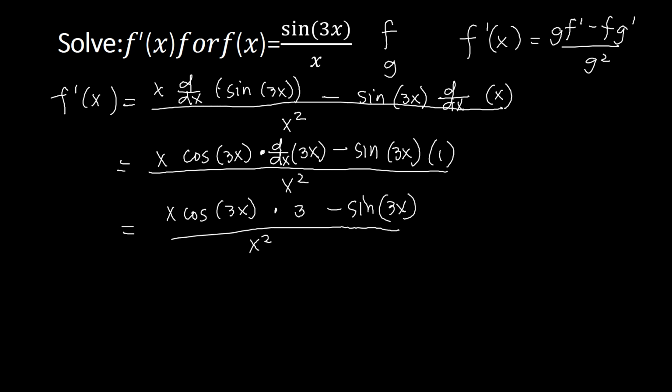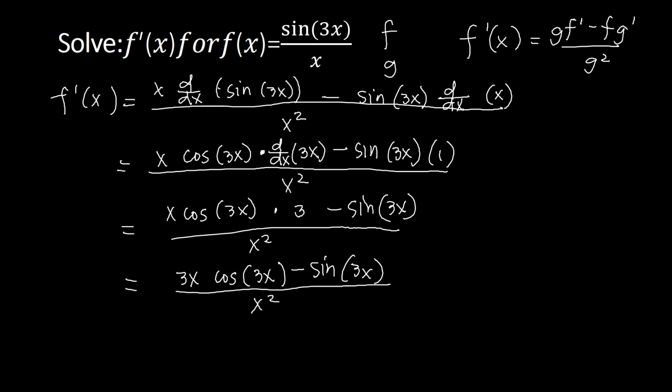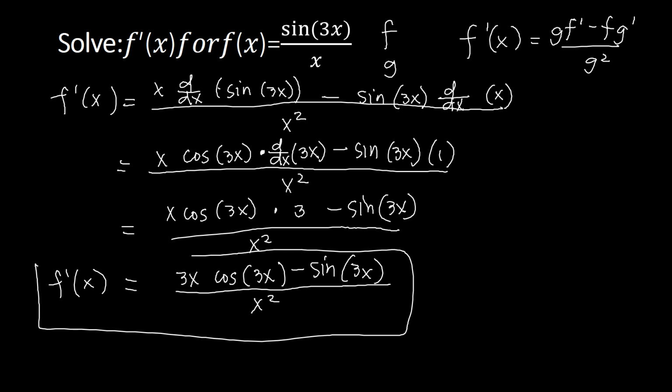So this is now equal to x times 3, that's 3x, cosine of 3x minus sine 3x over x squared. So we can have that as our final answer. Or if you wish to have it in one term minus another term, then be it. That's also possible.